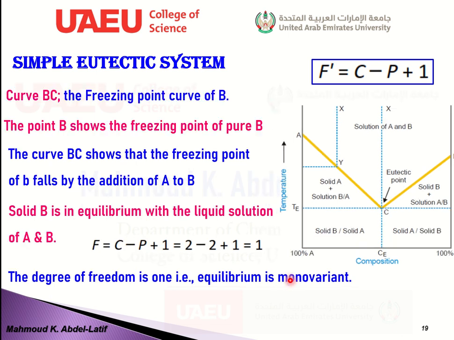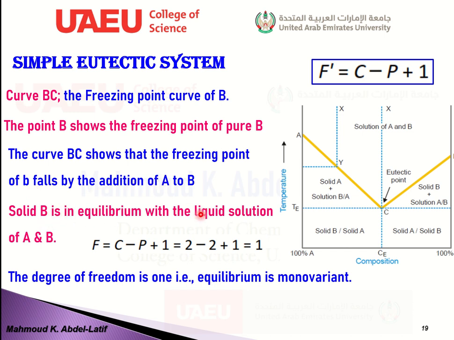The curve BC will be the same. This is the boiling point of pure B. The curve BC is the freezing point curve of substance B. The point B shows the freezing point of pure B. The curve BC shows that the freezing point of B falls by addition of A to B, I'm sorry.